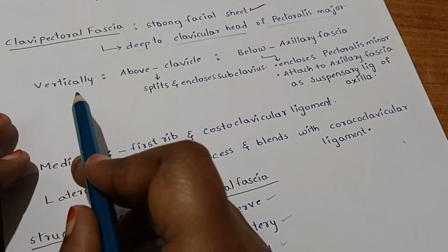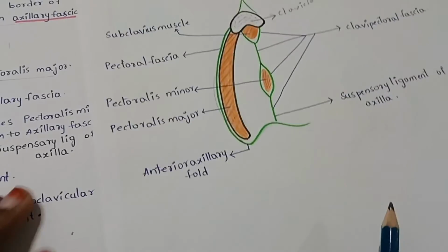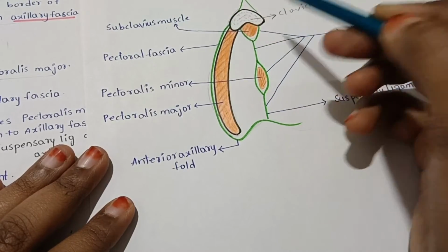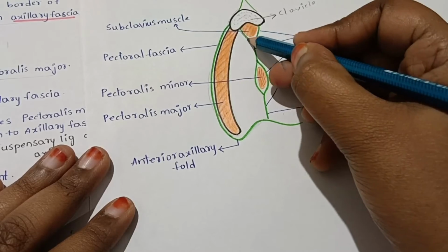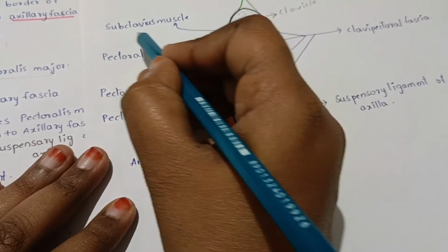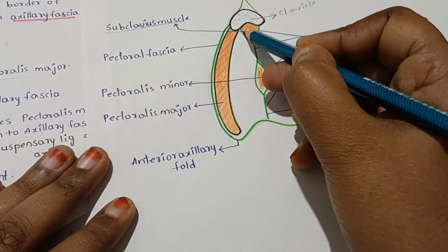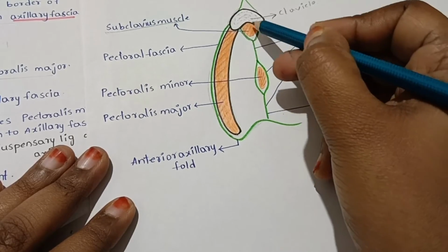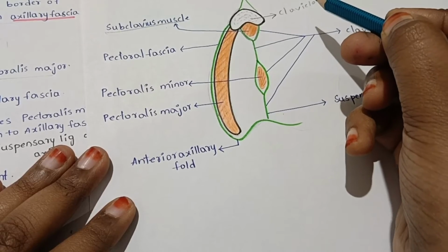And it is extended vertically above to the clavicle by splitting and covering the subclavius muscle. See, here is the subclavius muscle. Our clavipectoral fascia is splitting above and covering the subclavius muscle.